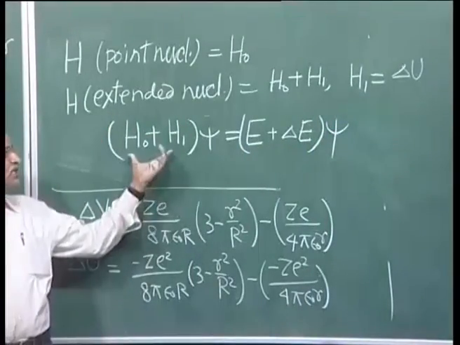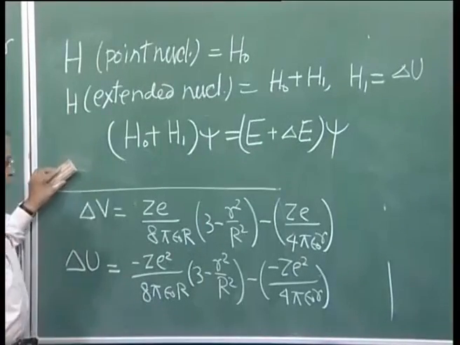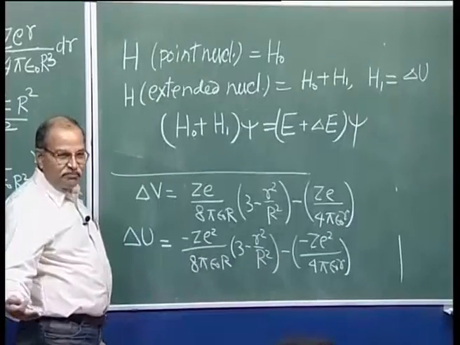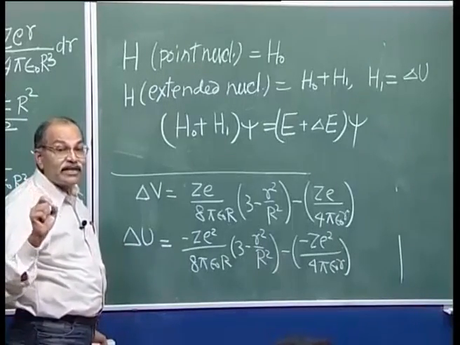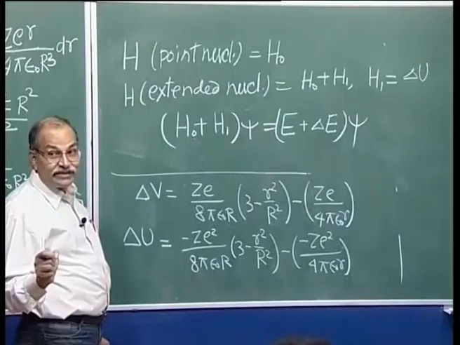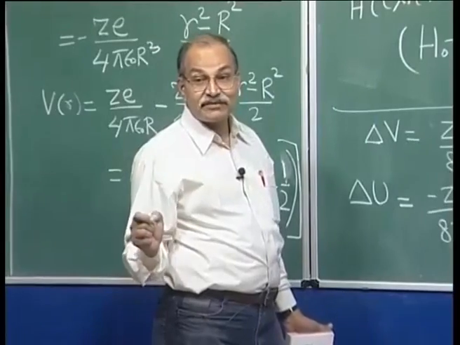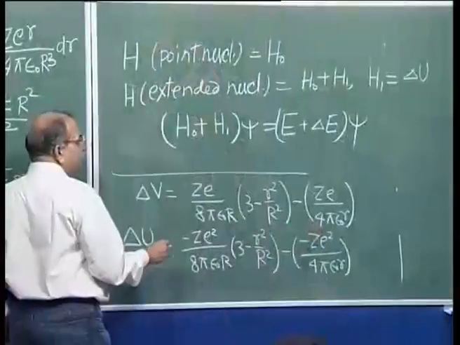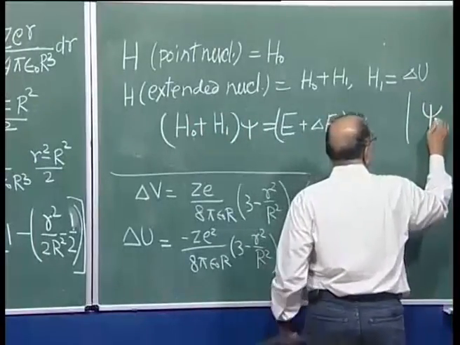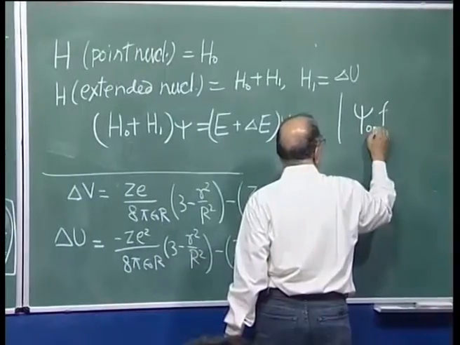So, I should use this Hamiltonian and get the energy, and for that the quantum mechanics procedure is quite simple. The first order correction is done by what is called first order perturbation theory, and that is that from H naught, first you get the wave function psi naught.